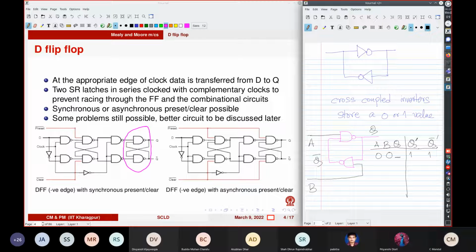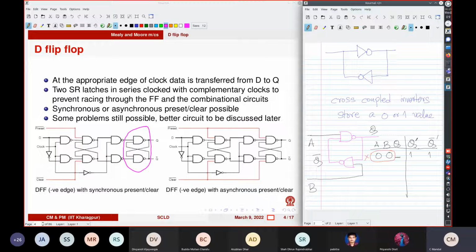All right. Is this okay? You understand this row? So if I set A to 0 and B to 0, then irrespective of the present value of Q or Q bar, the output is... So this is not a very useful combination of A and B, because both become 1.